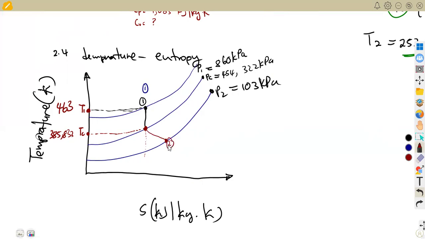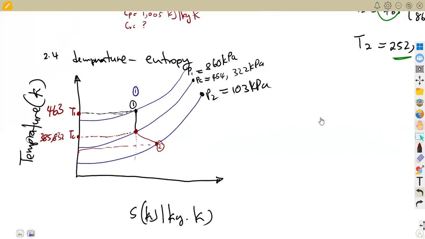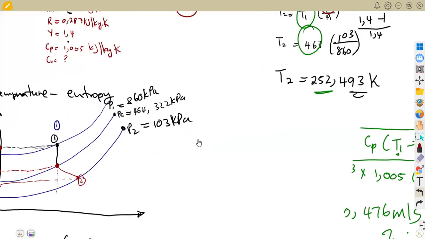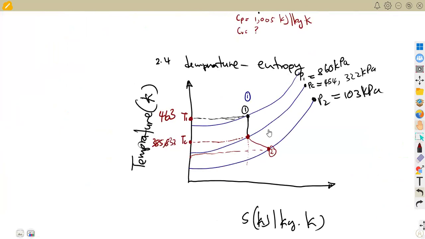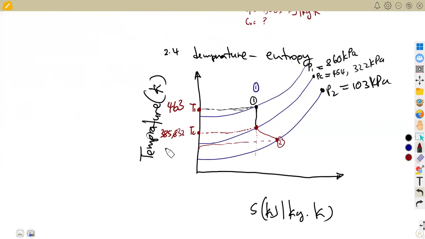So this will be your T2 somewhere there. Remember, we calculated our T2: 252.493 Kelvin. So this is our T2. That's the idea there.